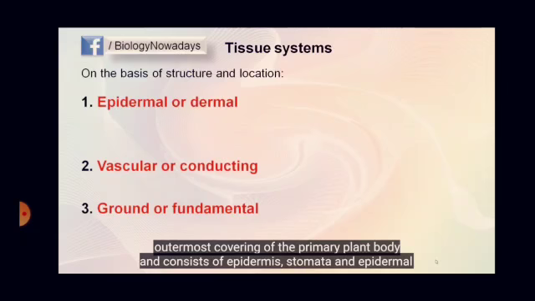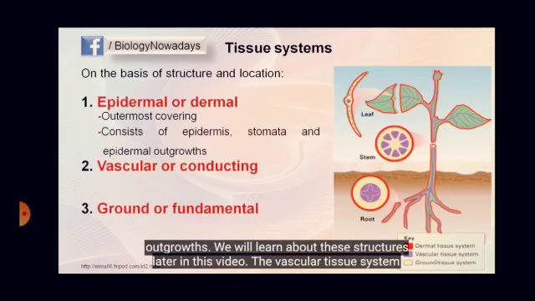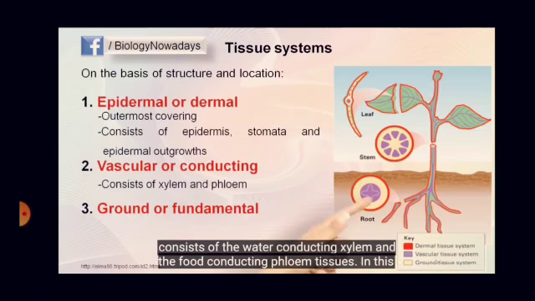So the epidermal tissue system forms the outermost covering of the primary plant body and consists of epidermis, stomata and the epidermal outgrowths. We will learn about these structures later in this part of the videos. Then the vascular or conducting system, xylem and the food conducting tissue. Here in this picture you can see the vascular tissue is shown in violet color.